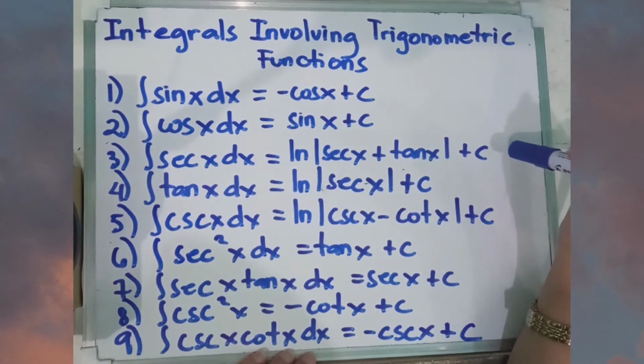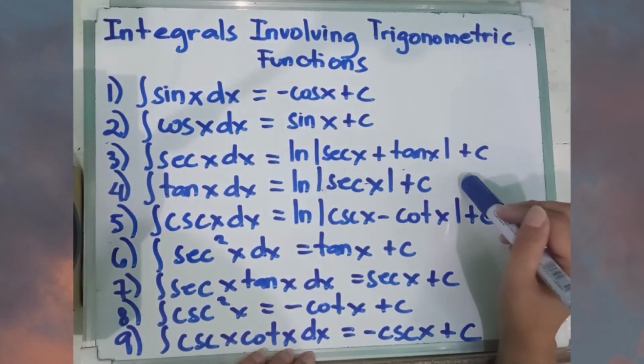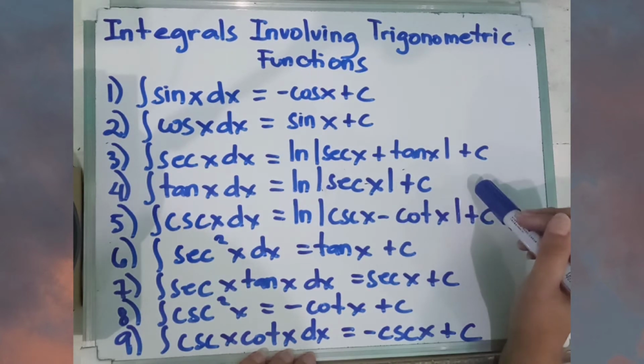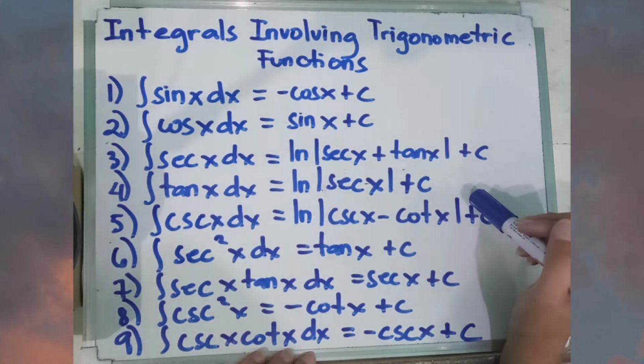Third, the integral of secant x dx is the natural logarithm of the absolute value of secant x plus tangent x plus c. Fourth, the integral of tangent x dx is equal to the natural logarithm of the absolute value of secant x plus c.